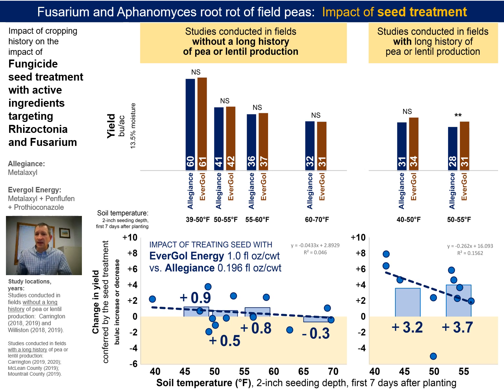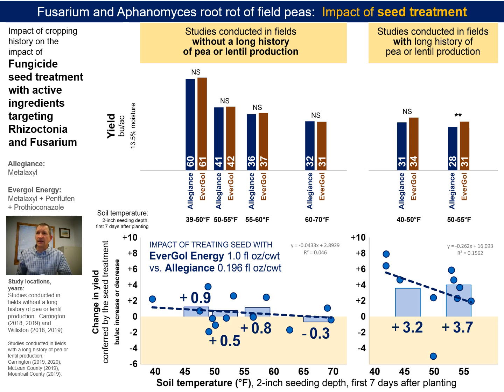Okay, and on the other hand, in the fields where we did have a long history of pea and lentil production, we saw a very strong response to adding these active ingredients. Okay, and we saw this even in really cold soils where Fusarium is not very active. We did not do pathogen diagnostic testing for Rhizoctonia, but this bears the hallmark of Rhizoctonia also being at elevated levels in these fields with Aphanomyces and Fusarium.